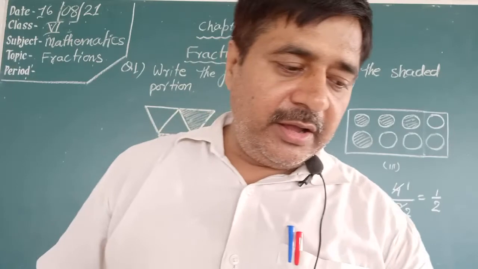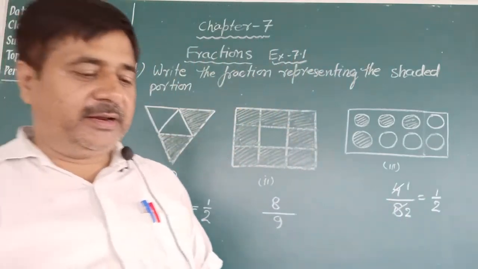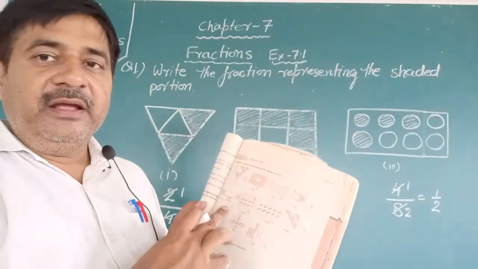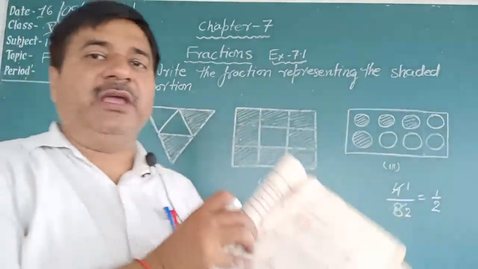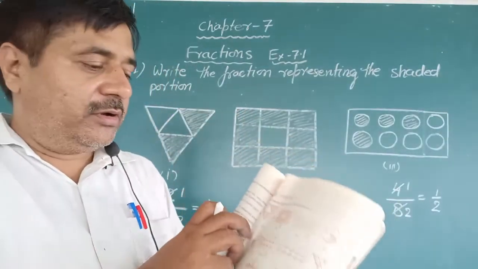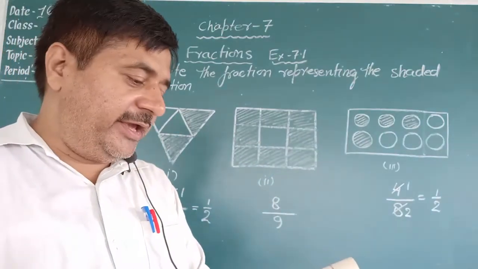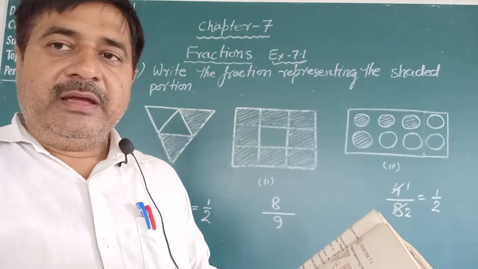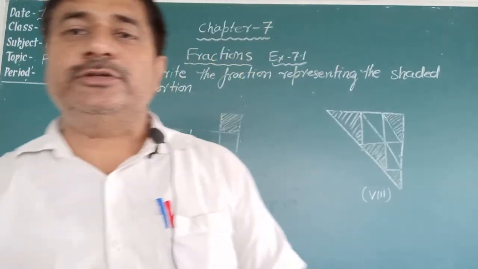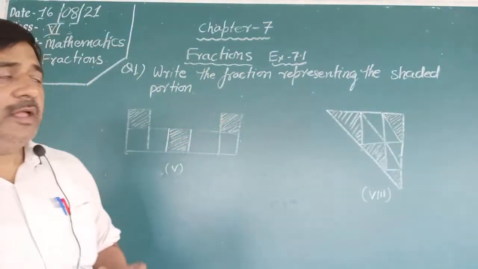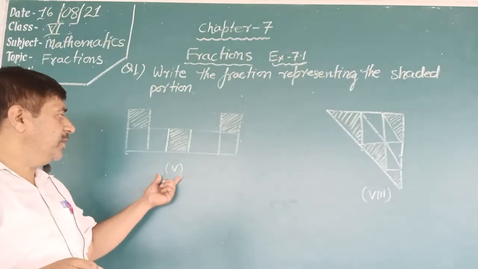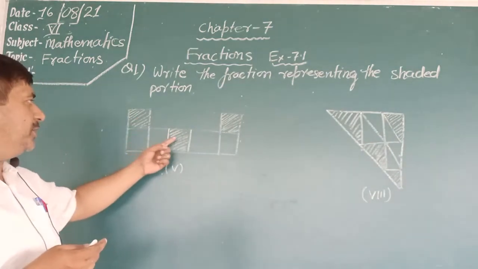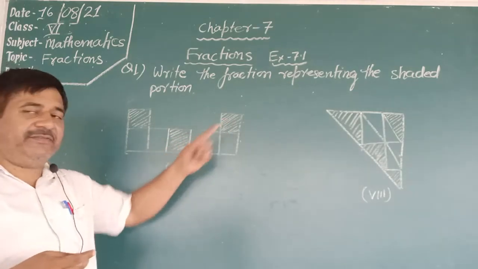Okay, now the fifth part is given, in your book. Now students, in question one the fifth part is given. Here 1, 2, 3, 4, 5, 6, 7.